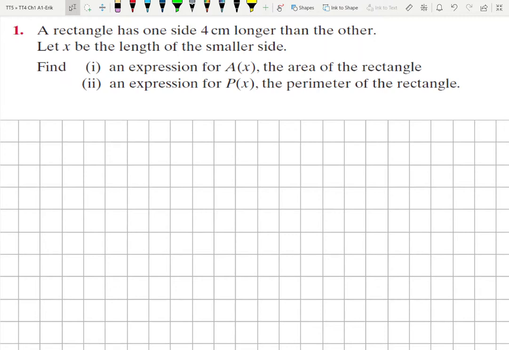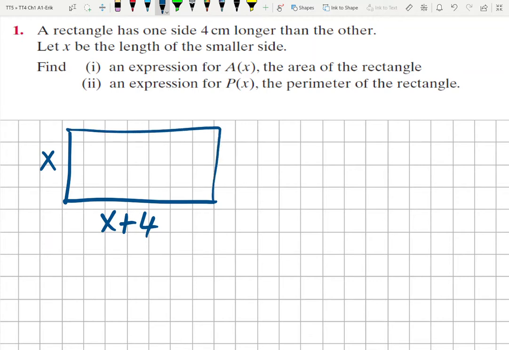So let's see, a rectangle has one side 4 centimeters longer than the other. Okay, that's how we can model it. Find an expression for the area, area of x.